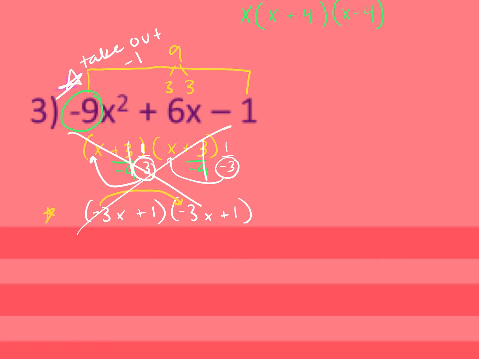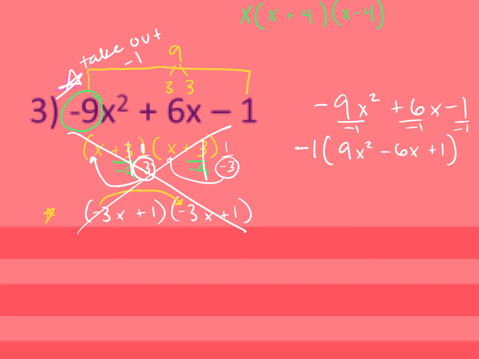So we're going to ignore all of this, and we're going to start again. So negative 9x squared plus 6x minus 1. So I'm going to factor out a negative 1. So I'm dividing all of these by negative 1, which means I just flip the signs. So 9x squared minus 6x plus 1.